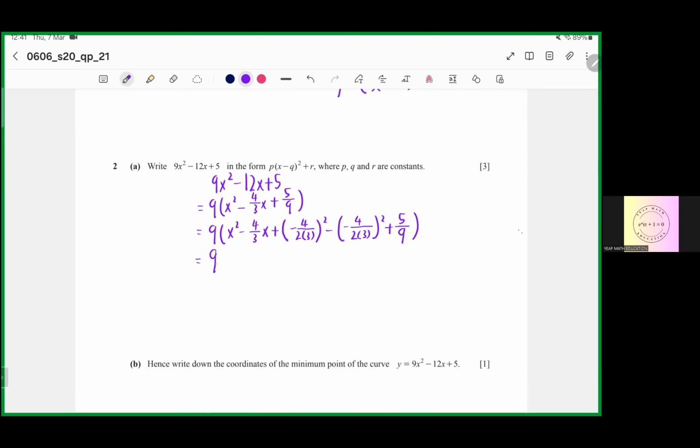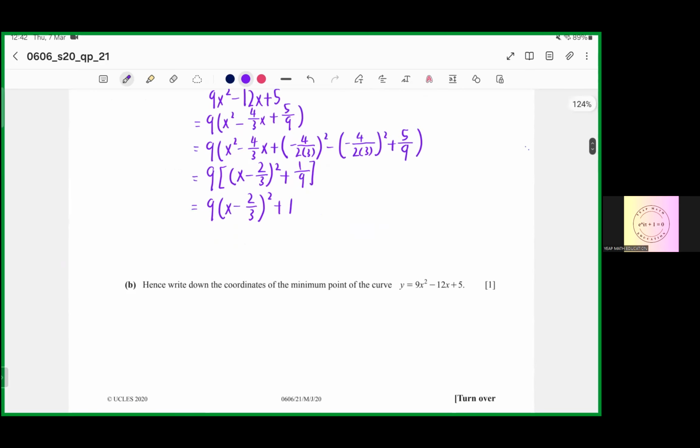This equals 9 bracket x minus 2 over 3 squared plus 1 over 9 here. Then we multiply by the 9, we get this answer. So the answer is 9 bracket x minus 2 over 3 squared plus 1.